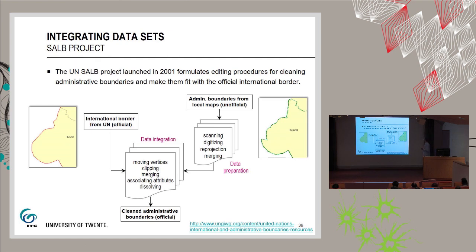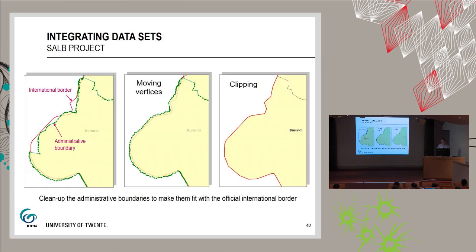And they defined this, and in the end, you see they have the cleaned up boundaries. So this is the input, and also the administrative boundaries are the input. And how they did that, I show you that. There were some cleanup operations defined. But basically the idea is that the administrative boundaries are moved towards the international border. So you see here the international border in red, and the administrative boundaries are moved.